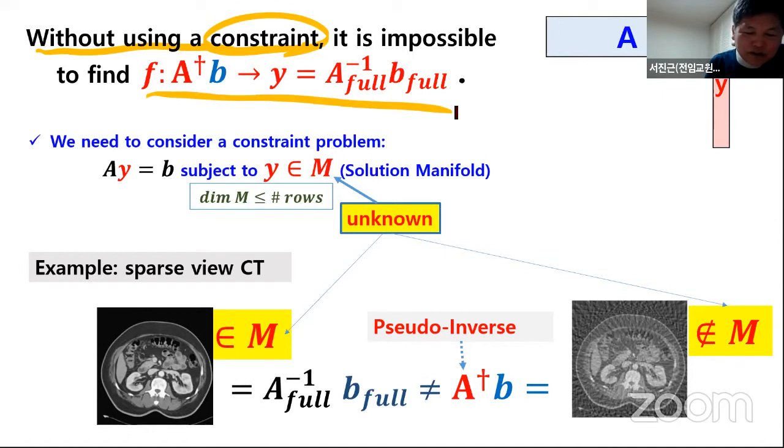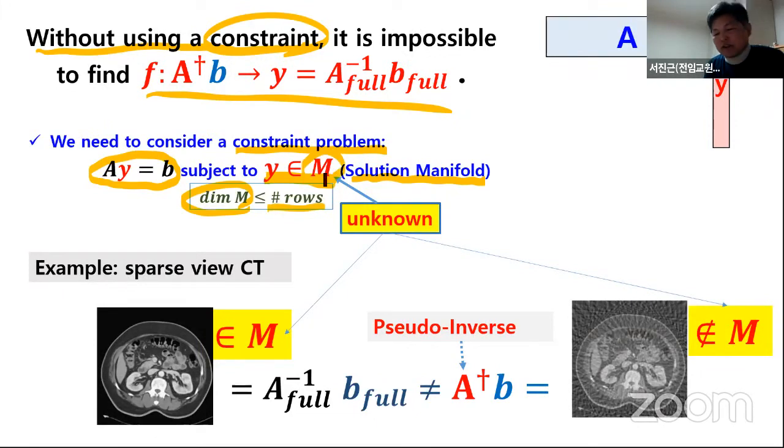So you need to consider the constraint problems. You need to solve the highly undersampled problem subject to a constraint. Let me say, constrain the solution manifold. We hope the solution manifold has dimension less than the number of rows, but unfortunately, this manifold is unknown. That's the problem.